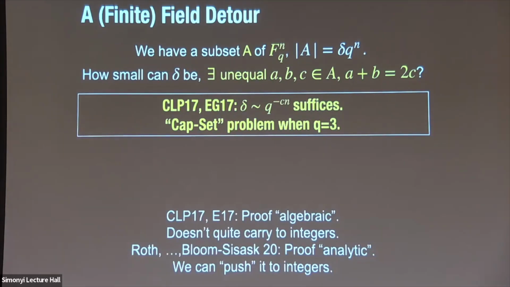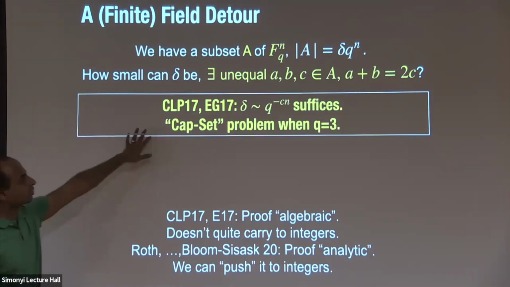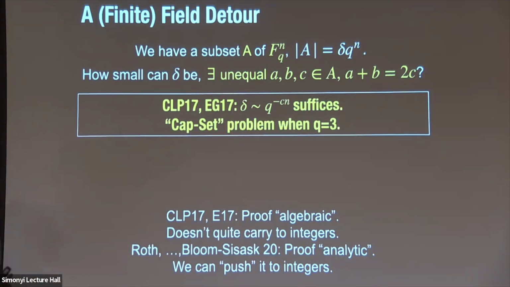All right. And one notable thing about these works on capset is that they use algebraic techniques, more specifically the polynomial method, which says that the number of such equations must correspond to some solutions to certain equations for finite fields, and they don't quite carry as easily to integers. Maybe this is perhaps to be believed because we know that you cannot get such strong bounds over integers anyway.